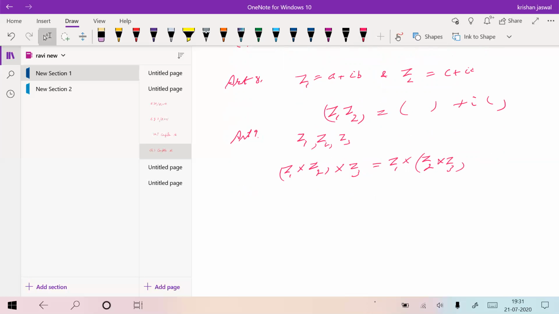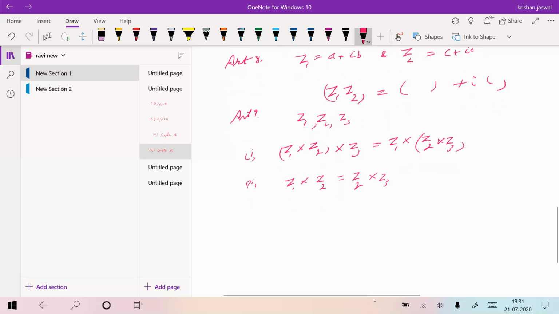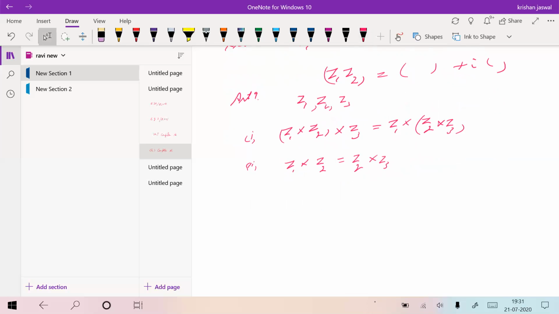And the commutative property: Z1 into Z2 is equal to Z2 into Z1. And third is the identity element.